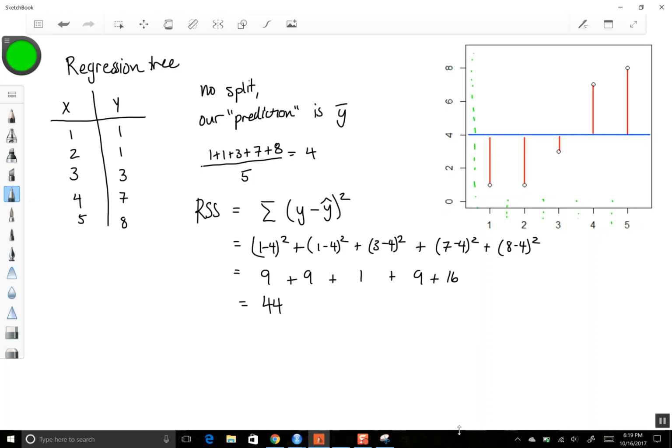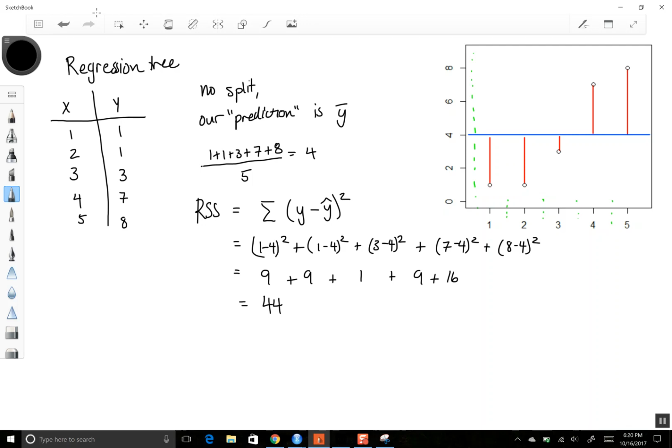And the decision-making criteria is we want to minimize the residual sum of squares. And in a decision tree, the algorithm is greedy, meaning that it doesn't try to look ahead. It just says immediately, I want the biggest payoff at this moment, whatever split I make now.